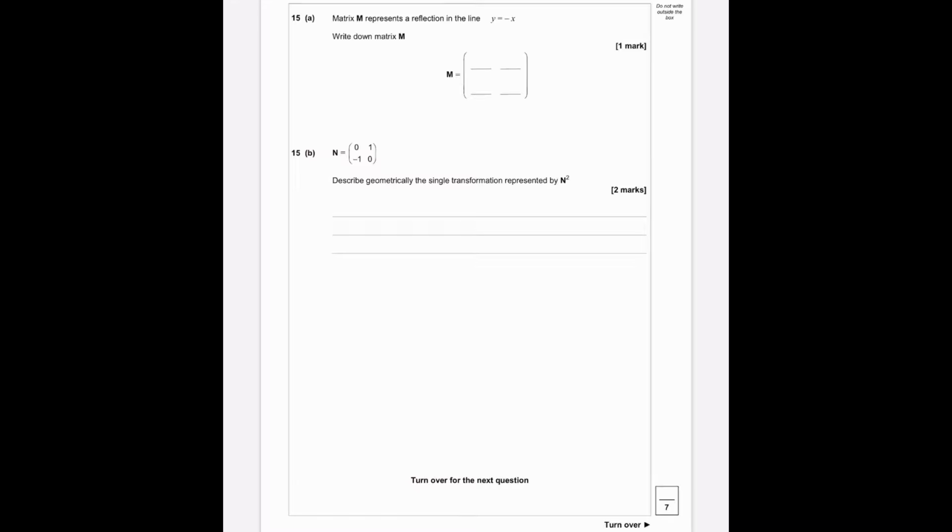For 15a, a reflection in the line y equals minus x is the matrix 0, negative 1, negative 1, 0. You can work that out, or you can just learn them. It's easier to just learn them. N squared, we've got n times n. If I carry out the matrix multiplication, it gives me a single matrix representing n squared: minus 1, 0, 0, minus 1.